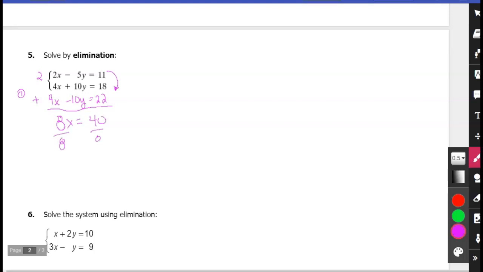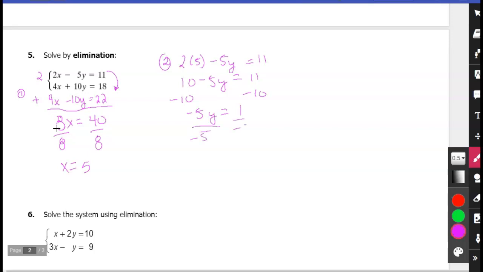Divide by 8, x equals 5. My second step, I plug that 5 back in. So I have 2 times 5 minus 5y equals 11. So 10 minus 5y equals 11. We're going to subtract 10 from both sides. Negative 5y equals 1. Divide by negative 5.